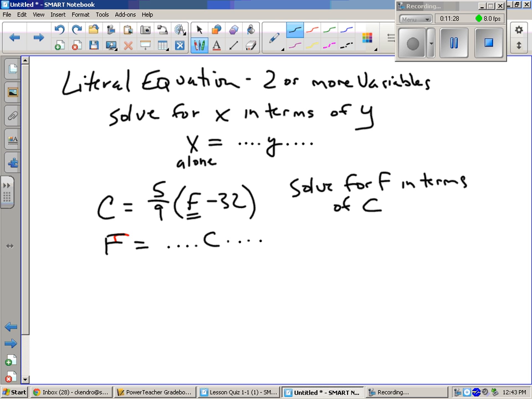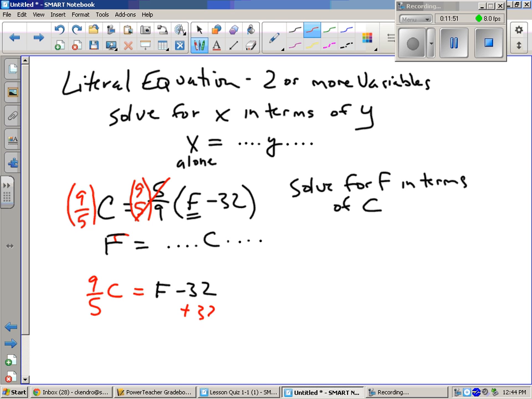First thing I'm going to do is multiply both sides by 9/5 to get rid of this fraction. So I have 9/5 C. This cancels to 1. Then I have left F minus 32 over here. To get F completely alone, I'm going to add 32.